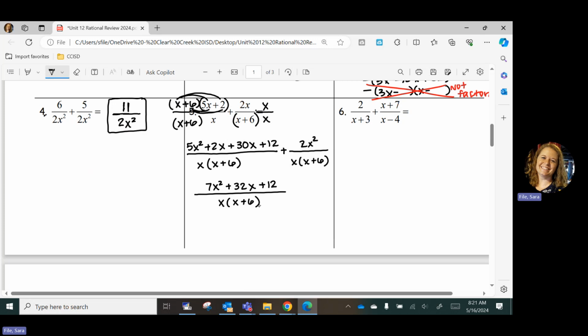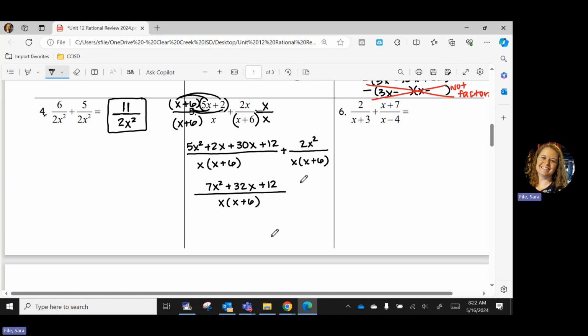Now, once you've got your numerator all combined, if it's factorable, you want to factor it to see if there's any common factors in the numerator and denominator that you can reduce. Okay, now I can't reduce anything the way that it's written right now. I don't see any factors in the numerator. So factoring your trinomial, we've gone over, I don't remember what unit it was in, but we did a factoring review before quadratics, I believe, or during quadratics.